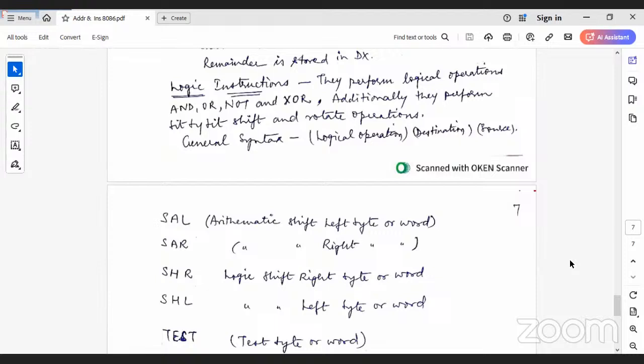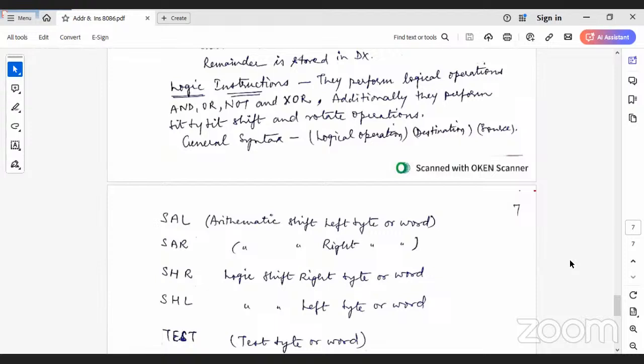Now, the next one is bit by bit shifting, which is possible, and rotate operations. So rotate operations mean bit by bit shifting only. Now in this rotation operation, there is simple rotate, or it is rotate through carry. For that, you can see the textbook.